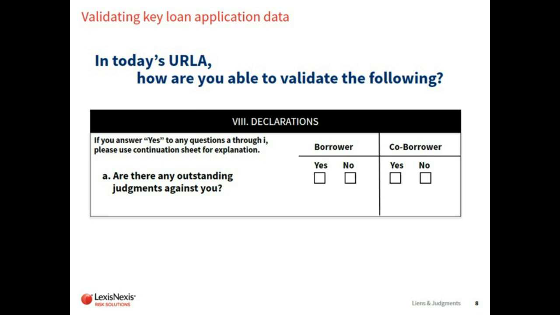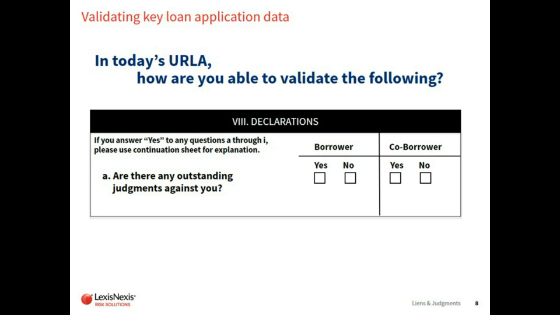One of the key pieces here that we want to focus on in terms of the key loan application data is, as you can see on the screen right now, one of the questions on the Universal Loan Application, or the Form 1003, in Section 8, Declarations. The very first question there is where the applicant and the co-borrower state whether they have any outstanding judgments against them.